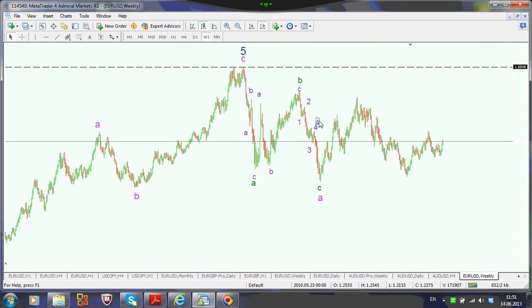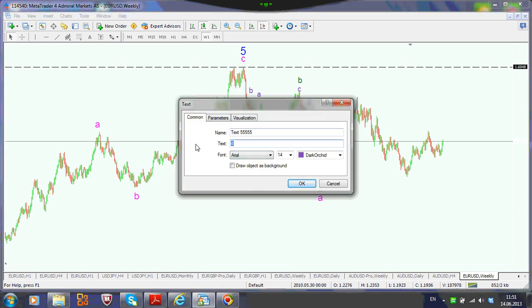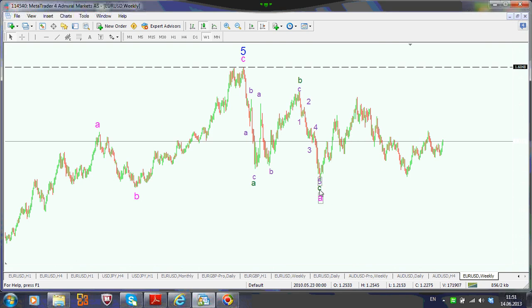Well, the third wave may not be extended, but the extension in this case comes from 161.8 of the next longest wave, so not related to the first wave, and that makes the fifth wave here extended. It should be higher than, and it is higher than 161.8 related to the next longest wave, meaning the third wave here.